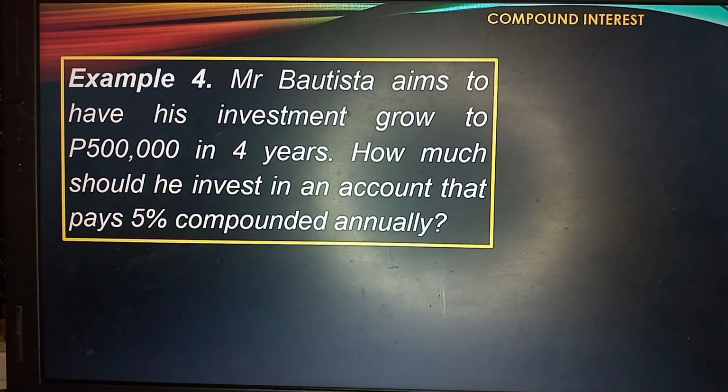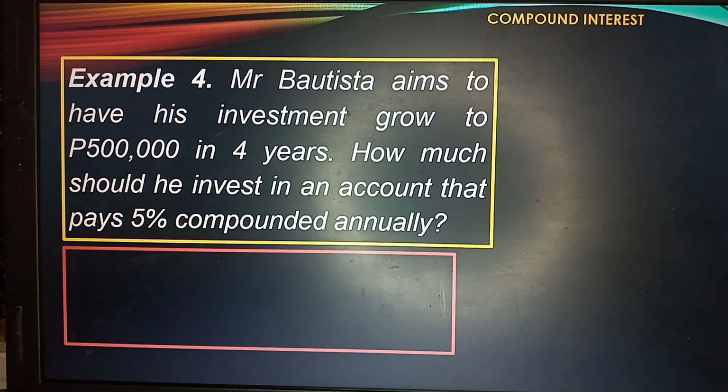Another example is Mr. Bautista aims to have his investment grow to 500,000 in 4 years. How much should he invest in an account that pays 5% compounded annually? So Bautista is wondering how much to invest now if he wants to reach 500,000 within 4 years, with 5% compounded annually.